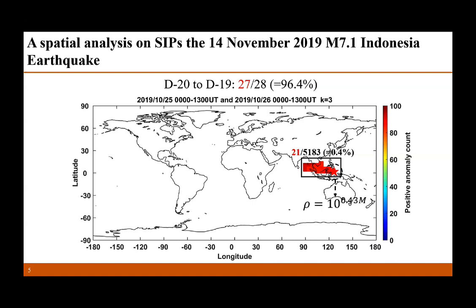As you can tell, the mark in red, specifically inside that rectangle, is 0.4% of the whole total group. That means this anomaly doesn't appear everywhere. Actually, it's specifically right above the epicenter.